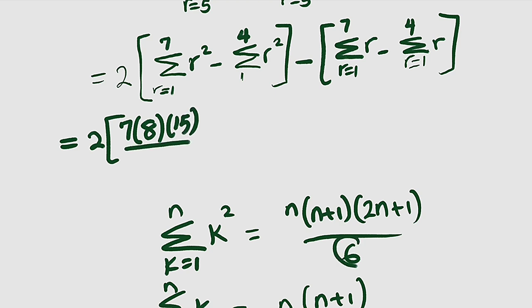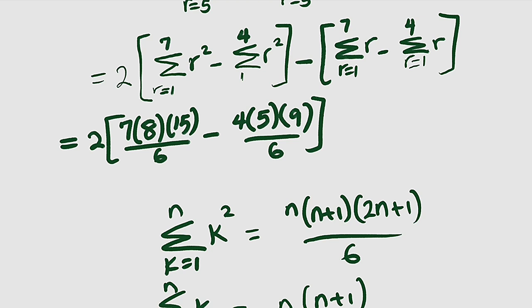Divide by what? 6. That 6 is constant. Then we minus, this time around our n here is 4. So we have 4 outside, multiplied by 4 plus 1, which is 5, multiplied by 2 times 4, which is 8 plus 1 is 9, divided by 6. We are done with the first bracket.